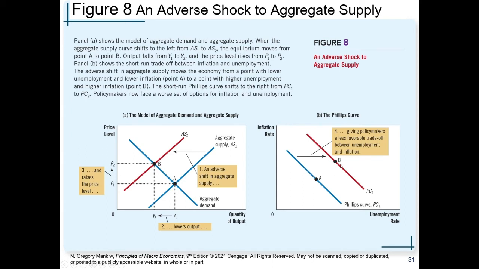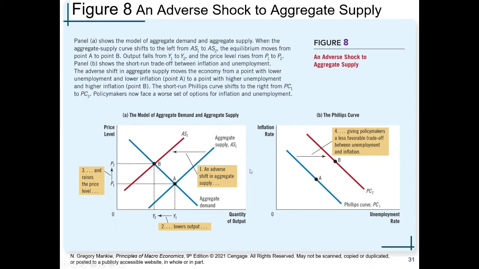So A shifted to B, and if we look at this, right, for all points of inflation, we have higher unemployment. For point A, we move to point B, we have a higher rate of inflation and a higher rate of unemployment. So this is unemployment here, this is inflation here, but here we have more inflation and more unemployment.